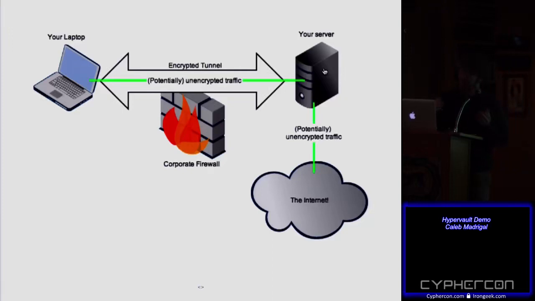And also because it's encrypted, it also gives you some security, but only to a point. After that traffic leaves your SSH server and goes onto the internet, it's not encrypted at that point, and it's not private or anonymized or anything like that. So you've got to keep that in mind when you're doing this.